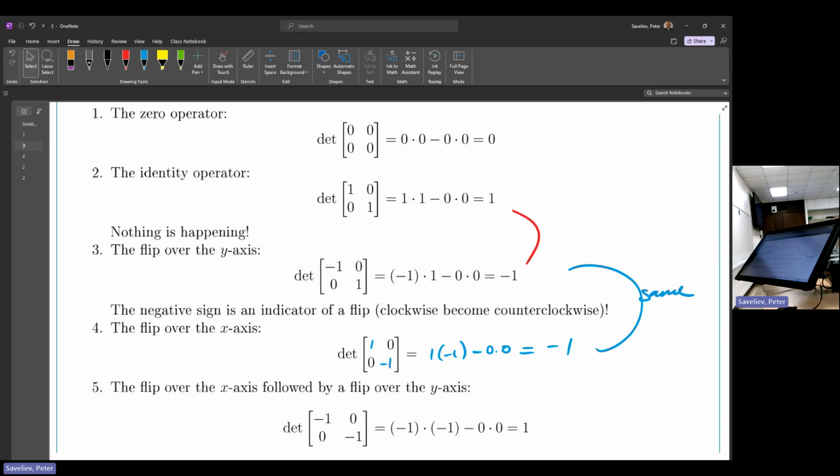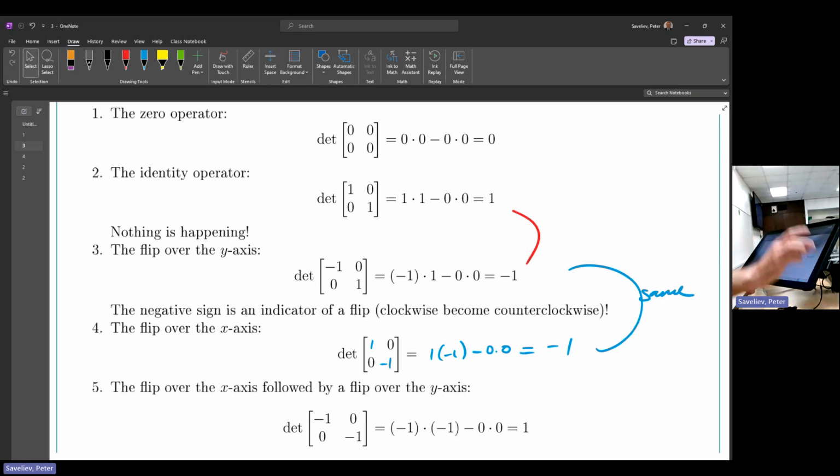I mean, two flips cancel each other out. One flip and then upside down, and one other flip, and I'm back. It doesn't matter which way. Nonetheless, what was up is still up.